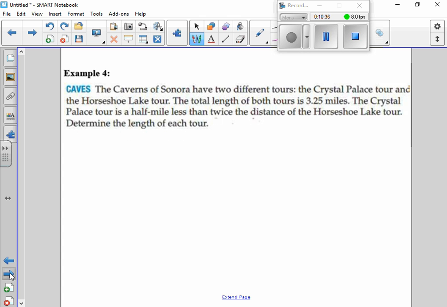All right, example 4. It says the Caverns of Sonora have two different tours. The Crystal Palace tour, I think you understand I'm going to call that C, and the Horseshoe Lake tour, that's going to be our H. The total, there's that word again, the total length of the tour is 3.25 miles. So that means when you take the first tour plus the second tour, it equals a total of 3.25.